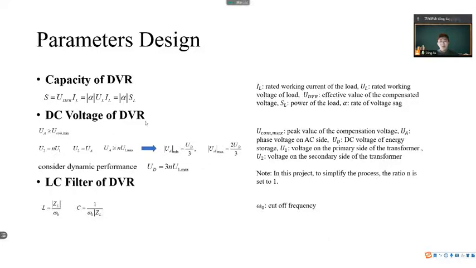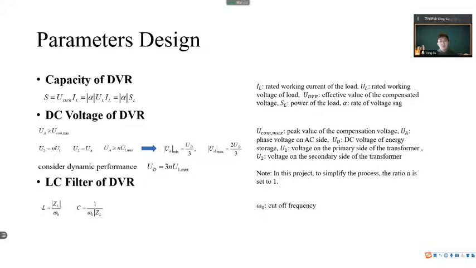The second part is DC voltage of DVR. According to the structure of the DVR described earlier, we know that the DC power output by the energy storage device of the DVR is converted into AC power through the inverter, and finally the compensation voltage is obtained.